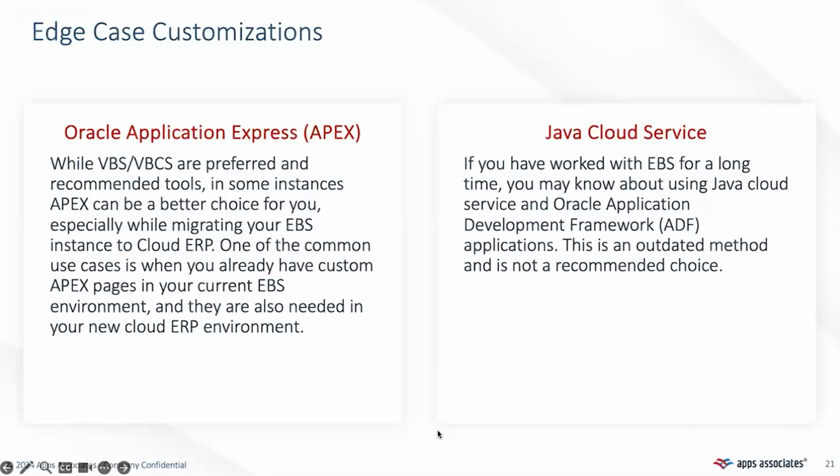If you already have Apex integrated with your on-premise solution, when you are migrating to Fusion SaaS, you can also use Apex. We have not seen many customers using the Java Cloud Service. That is kind of outdated. But you can use Apex as you are using it on-premise.